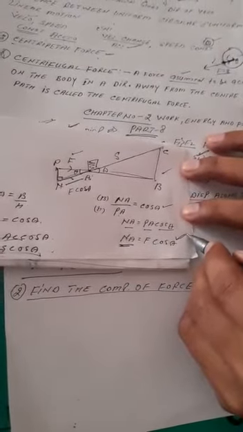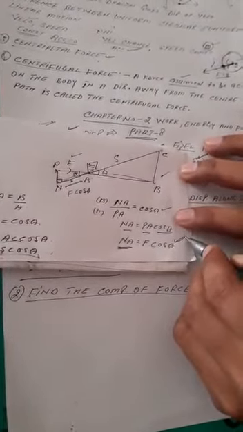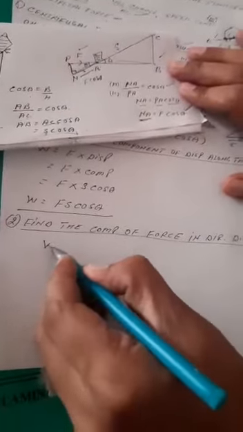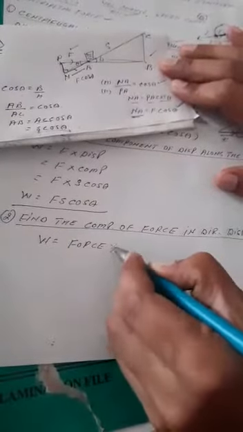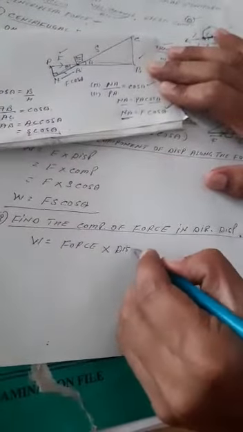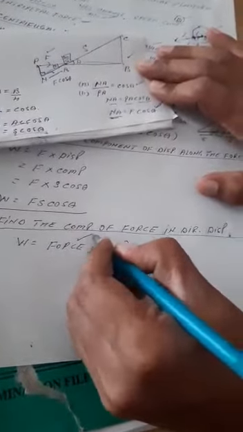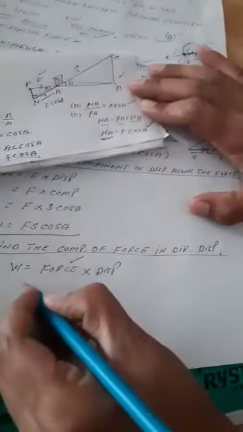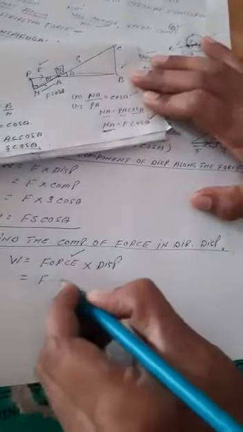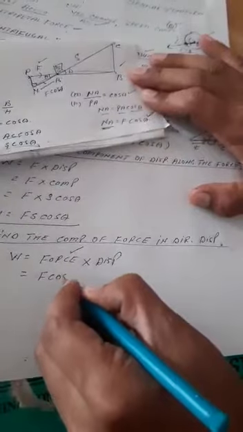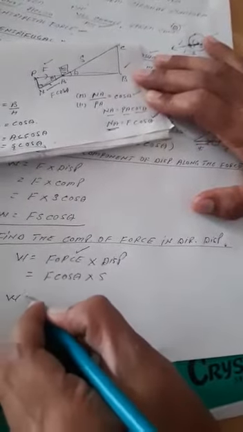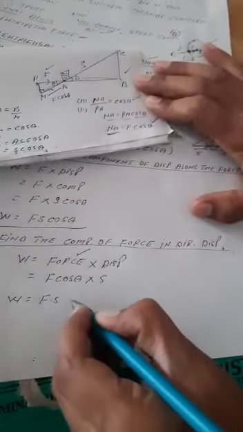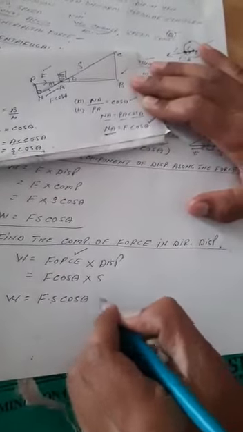Now if I apply the formula for the work done, then you know work is equal to force multiplied by displacement. Here we will use the component of the force in the direction of displacement, and the component of force as we have found is F cos theta, and displacement is S. Therefore again you will get work done is equal to Fs cos theta.